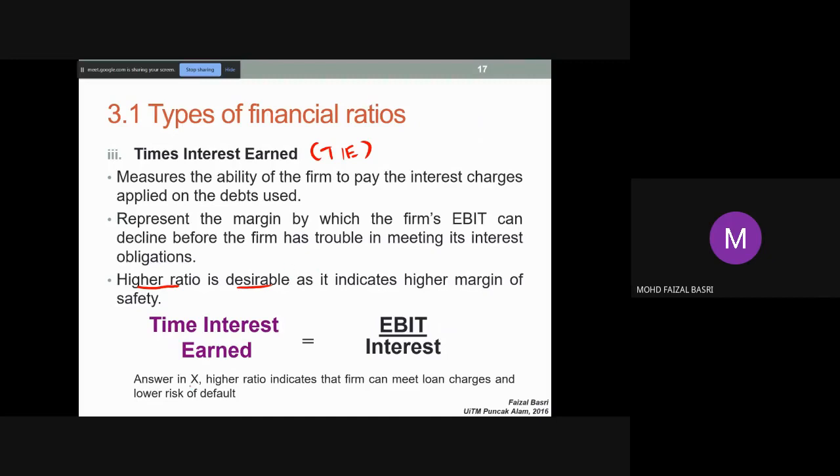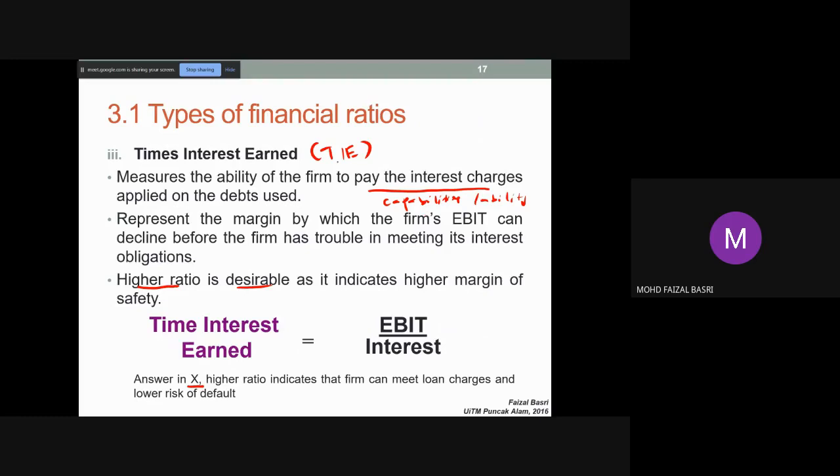Because again, number one, the answer will be in times. And this measurement is to measure the ability of the firm to pay interest charges. So we want to see their capability or ability to service its debt. The higher the ratio indicates they have a higher capability to pay the debt, right?